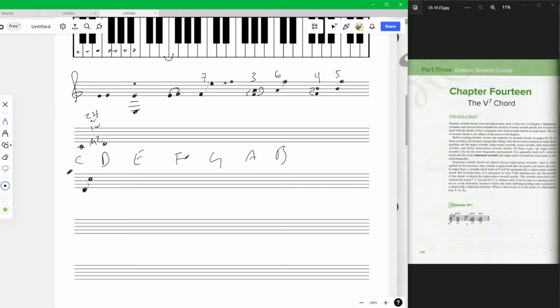It becomes a 7th. But what kind of 7th? Well, D to C. That's 1 whole step, 2 whole steps, 3 whole steps, 4, 5. That's 5 whole steps. Or 1, 2, 3, 4, 5, 6, 7, 8, 9, 10. 10 half steps.